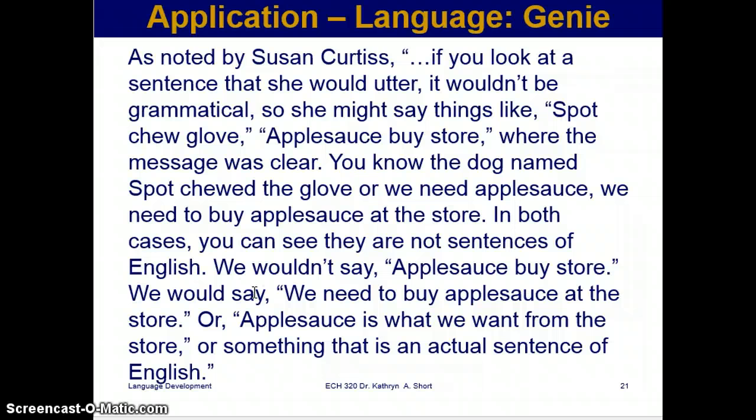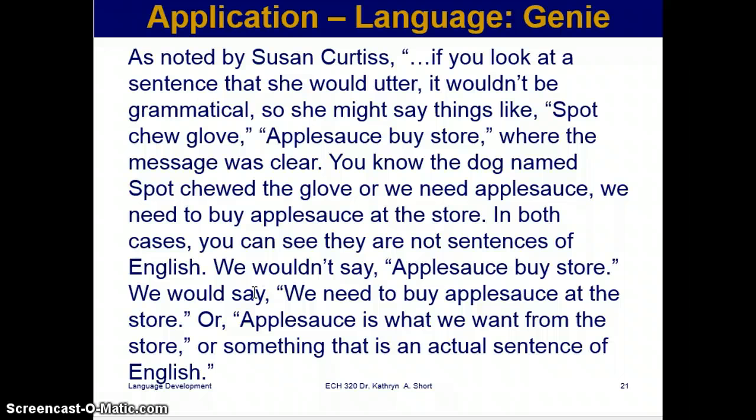So the next PowerPoint. As noted by Susan Curtiss, if you look at a sentence that she would utter, it wouldn't be grammatical. She might say things like "spot chew glove" or "applesauce by store," where the message was not clear. What she really meant was, you know, the dog named Spot chewed the glove, or we need to buy applesauce at the store.